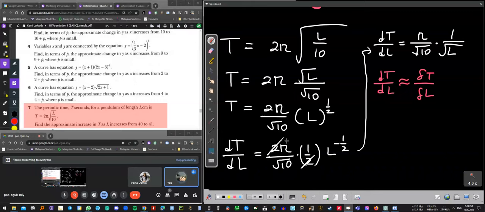L naik kan. So kalau L naik jadi 41, so berapa delta L? Since L increase one betul, from 40 to 41, so delta L kita dah reduce satu lah. So sekarang nak pakai formula warna pink tu je sekarang.